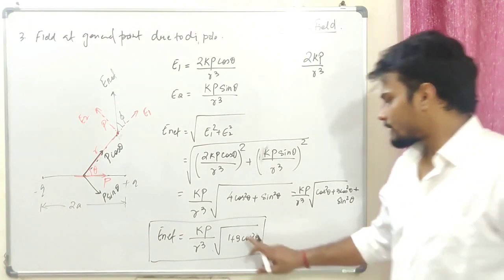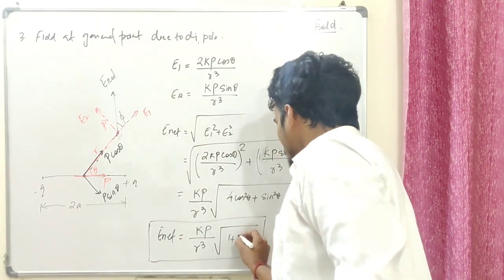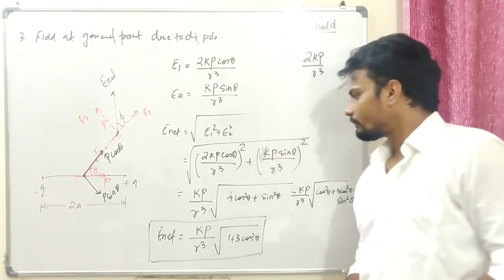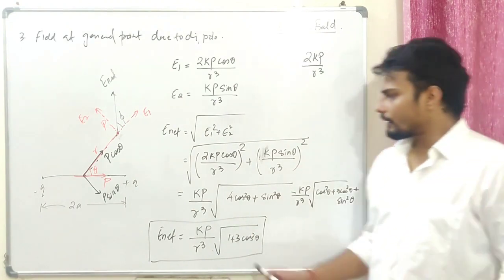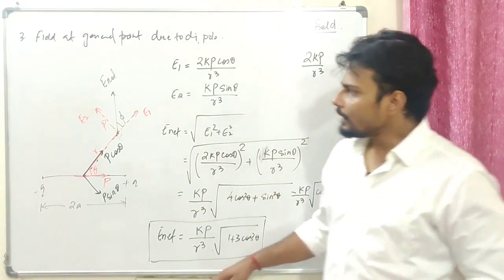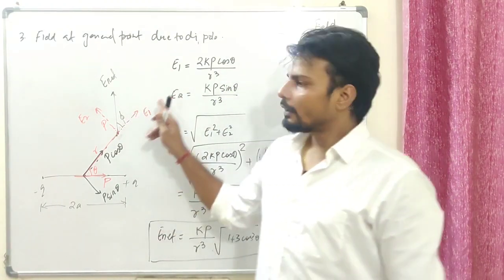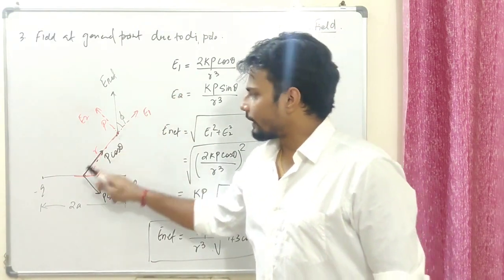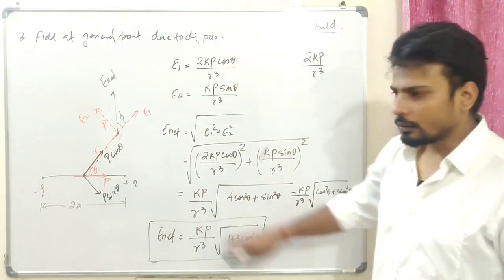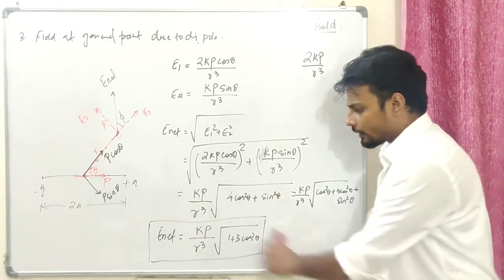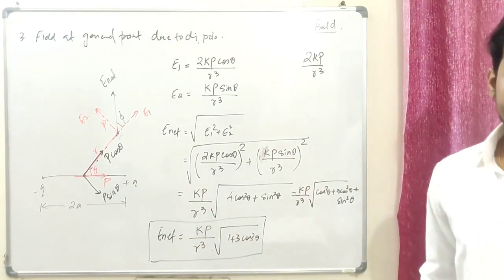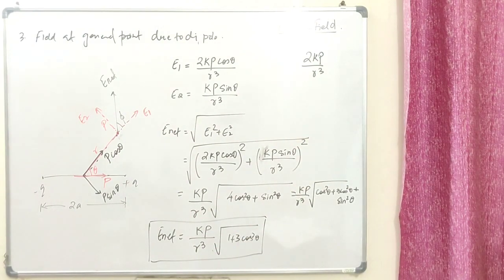That is the net. This is 3 guys, don't be confused with this. So this is the net electric field at any general point P at a distance r, making an angle theta with the dipole, given as kp over r cube root of 1 plus 3 cos square theta.